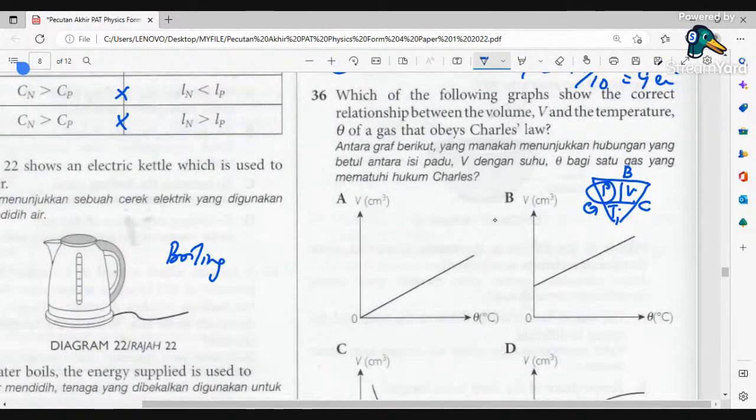Absolute is Kelvin, tapi ini is degree Celsius. Kalau degree Celsius, dia increases linearly. Kalau kita nak directly proportional, dia mesti macam ni, V dengan T dalam Kelvin. Then only you get this graph, straight line closest to origin. If V against theta degree Celsius, it increases linearly.